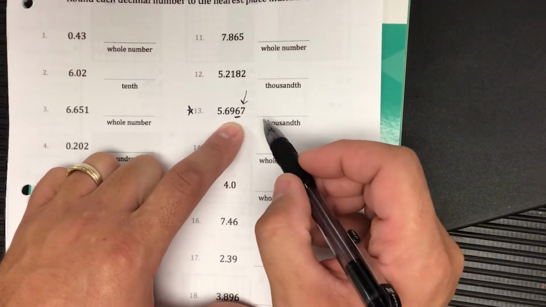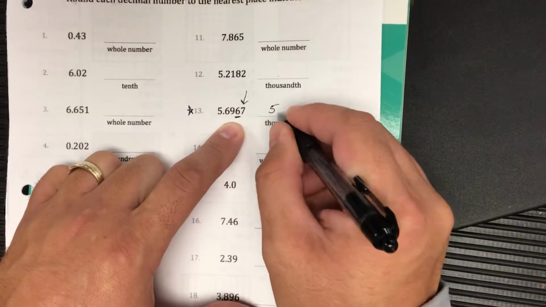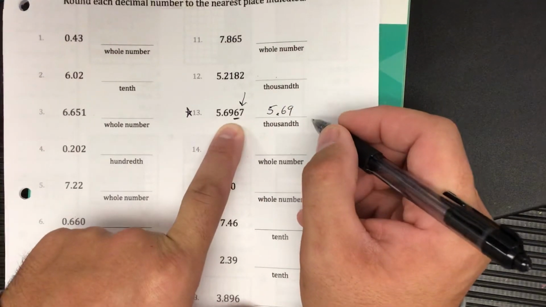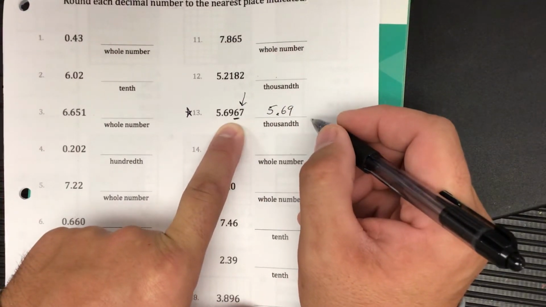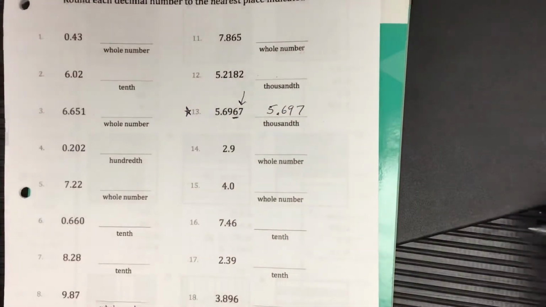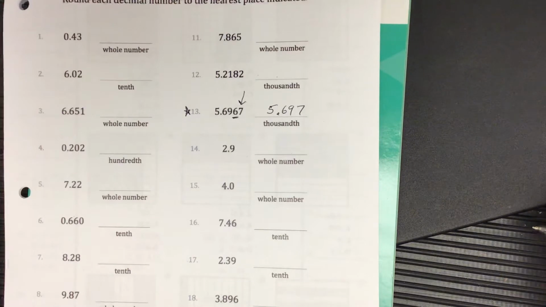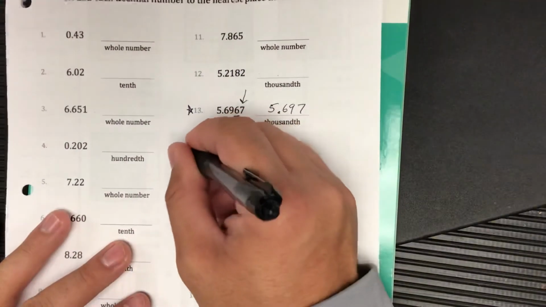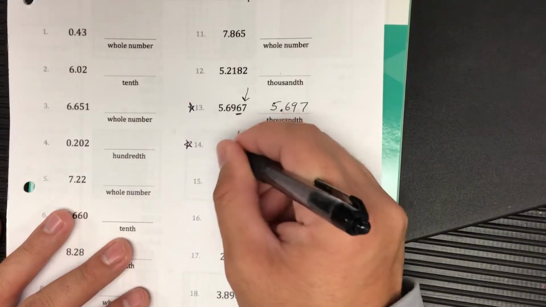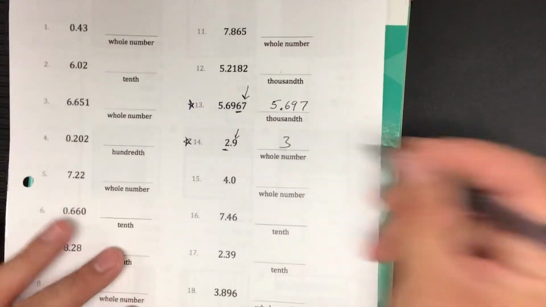It will round it up. So it's going to be 5.69. What? No, 7. The 7's rounding that 6 up. 7. Another one. 14. To the nearest whole number. So 2.9 is going to round to 3.